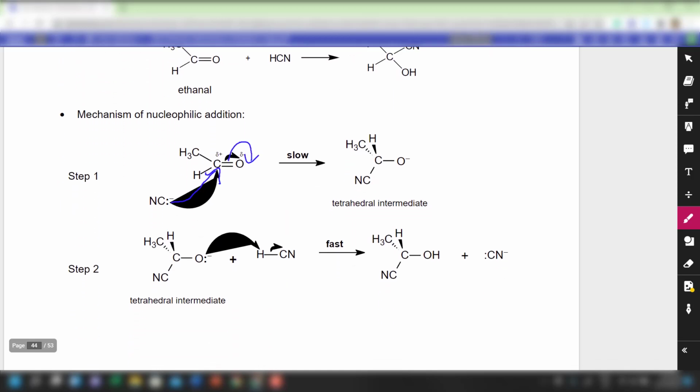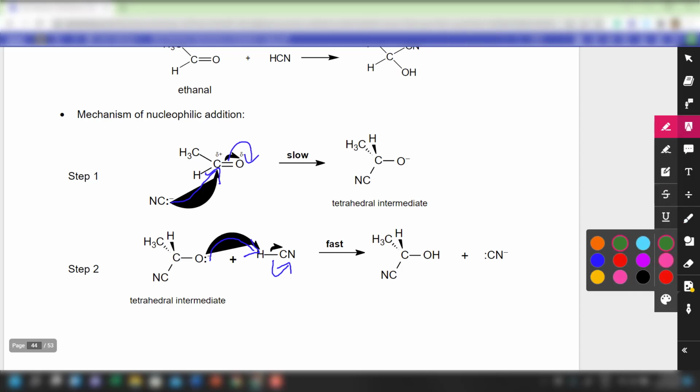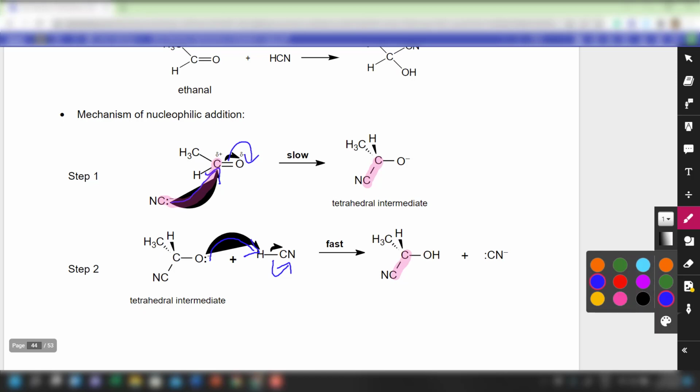The tetrahedral alkoxide intermediate will then attack the hydrogen here, and the bond will break towards the cyanide. Of course, the carbon is the one bearing the negative charge, not the nitrogen, so do remember this. I think it's quite obvious from the bonds being formed: the bond is formed between carbon and carbon. So it's the carbon which approaches the carbonyl carbon, not the other way around.